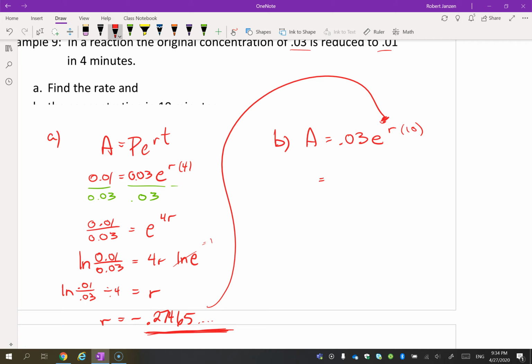Okay, so let's try this. 0.03 times E, and now when it says the power of, put answer times 10. So super small number. And if we're supposed to round to 2 decimals, which we usually are, we'll go with that. Okay?